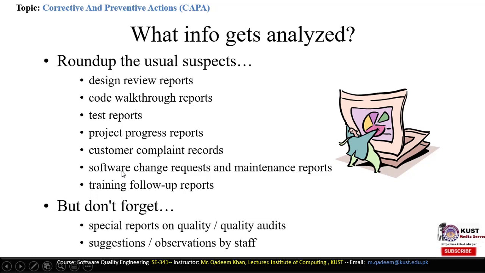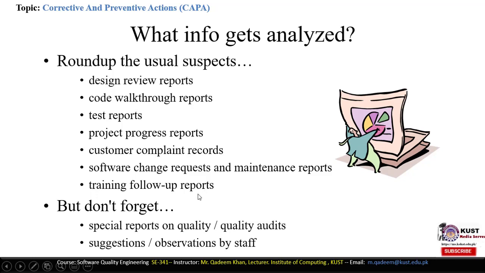Software change requests and maintenance reports. During the software's development, if the customer wants certain changes in the software and the customer has requested maintenance and changes, then that document should also be reviewed. Training follow-up reports.